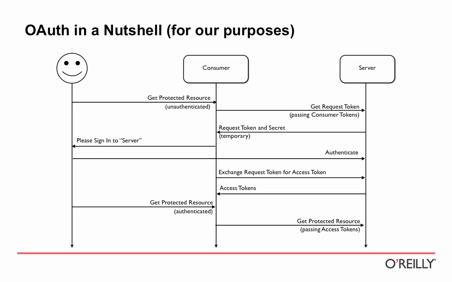So it calls to the server and says that we want to get a request token, which will be a temporary set of tokens, keys, encrypted bits of information that we'll use to identify ourselves during this sign-in process for the user.